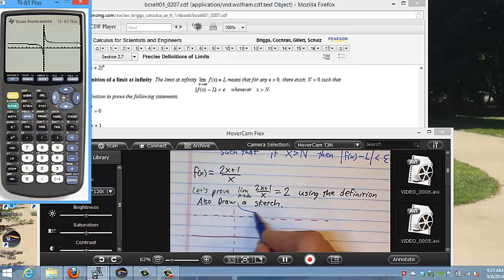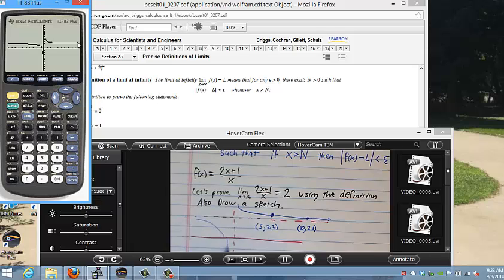If I plug in a 5, I am at 2.2. If I plug in a 10, I am at 2.1. That's the graph I've seen so far. And then I know there's more over here, right? You guys with me? Okay.